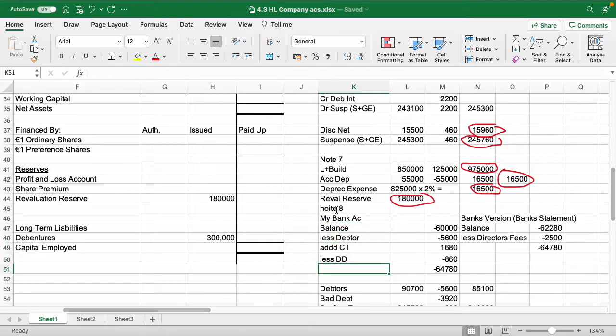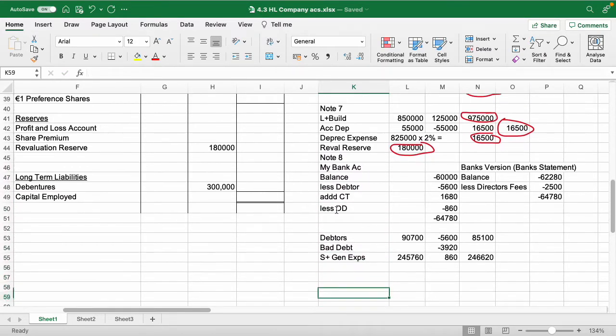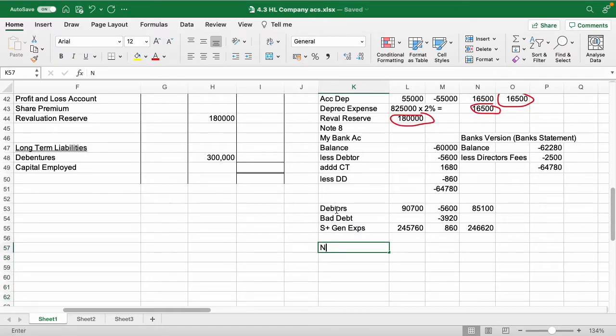We're on to note 9. Now these, it says provision made for. So that means that there's bills that we have to include that we haven't actually paid yet. So because we haven't paid them, they're going to be current liabilities or maybe current assets.